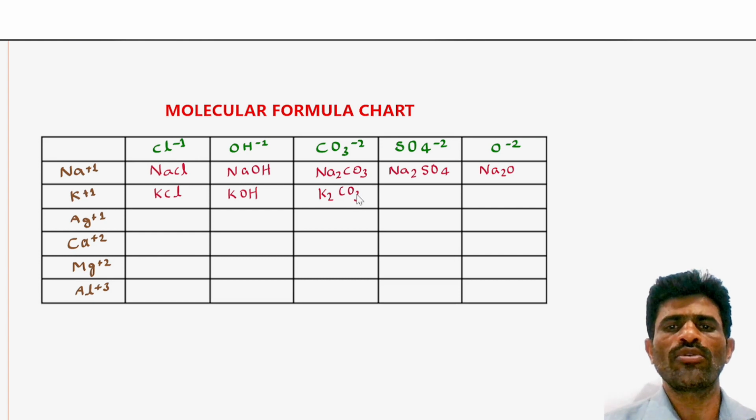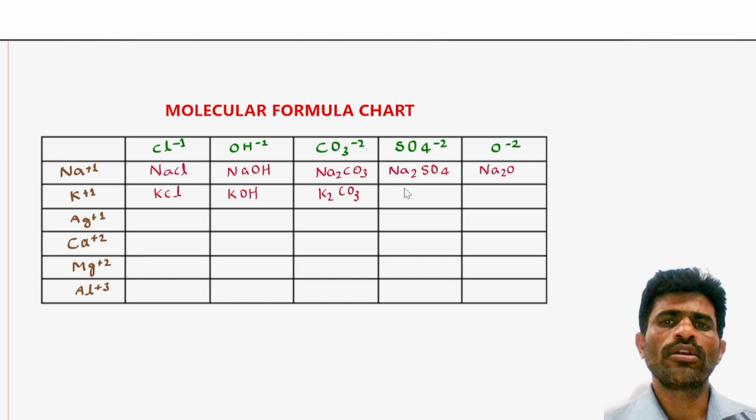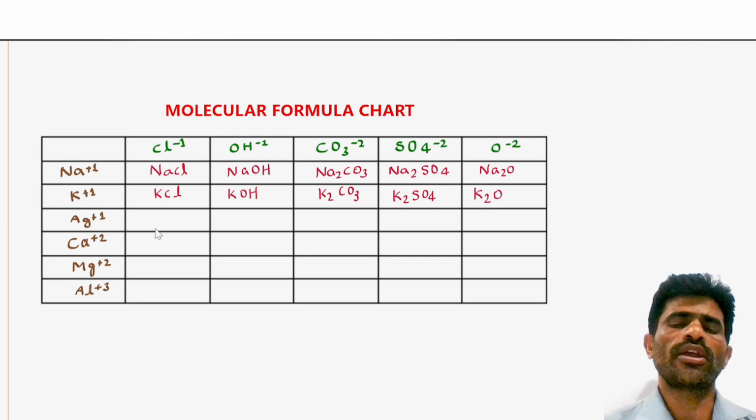Potassium valency is 1 only, so we do not multiply anything to CO3, that is 1 will be multiplied, K2CO3. Now K2SO4, potassium sulfate, because sulfate valency is 2. Next, K2O, potassium oxide, because oxygen valency is 2, potassium valency is 1, so K2O.